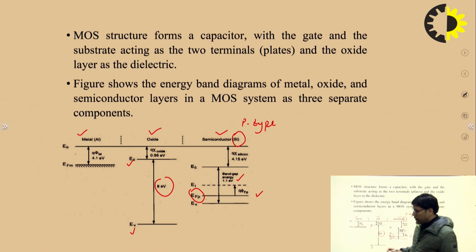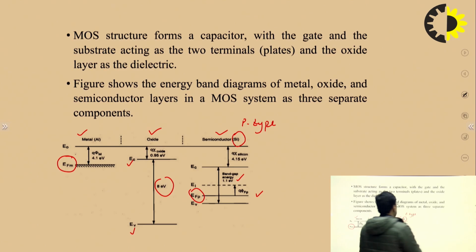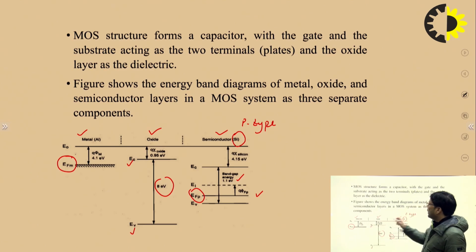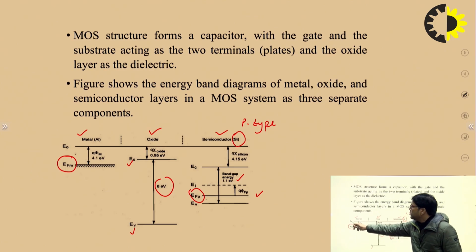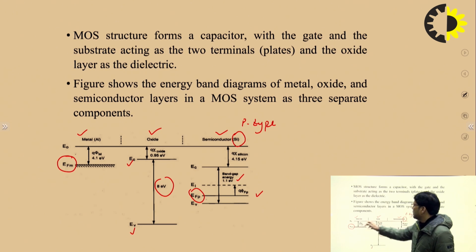Generally, if I take the metallic energy band diagram, the Fermi level, conduction band and valence band coincide with each other. So here we have only the Fermi level energy, represented by EFM, right? This is the electron affinity, and you can see that E naught represents the vacuum level energy.